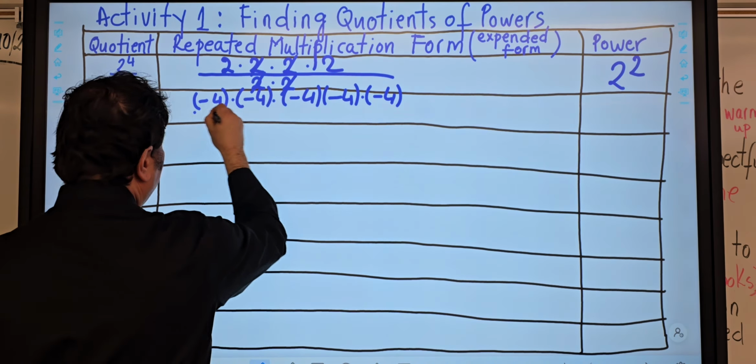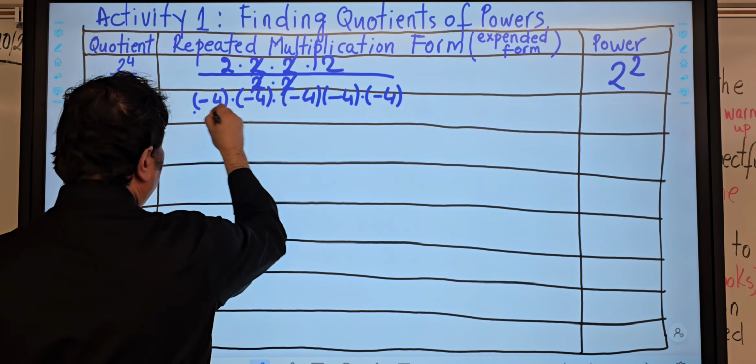Welcome back. Let's take a look here. We see that the base is 2, the exponent is 4, and on the bottom we divided by 2, the same base, but the exponent was 2. So our answer was 2 to the 2nd power. Here we had 4 on the top and 2 on the bottom for the exponents, and if we subtract 4 minus 2, we get the 2 in our answer.